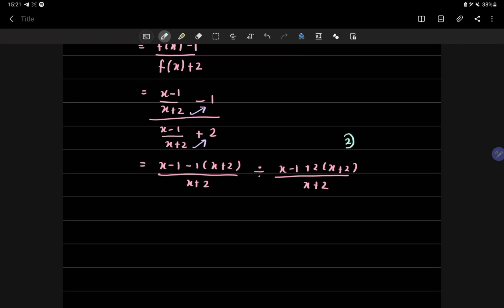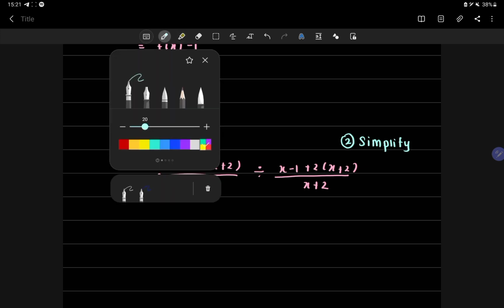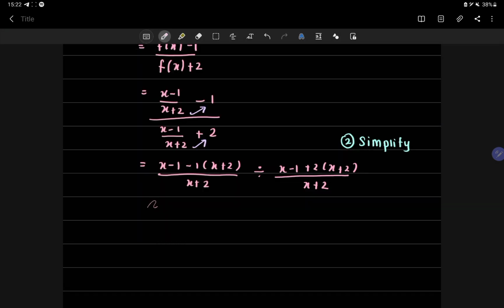And now we move to our second step, which is simplify. Then it becomes (x minus 1 minus x minus 2) over (x plus 2), divided by (x minus 1 plus 2x plus 4) over (x plus 2).